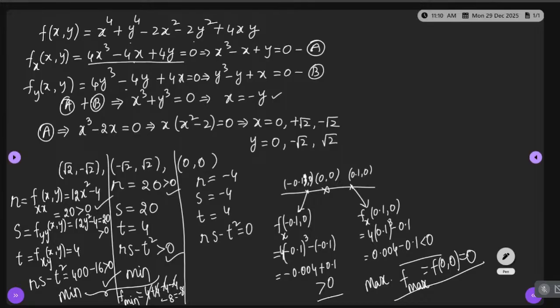At those 2 points, you will get minus 8 only. Based on this, we do 1 or 2 more examples related with the 2 variable functions.